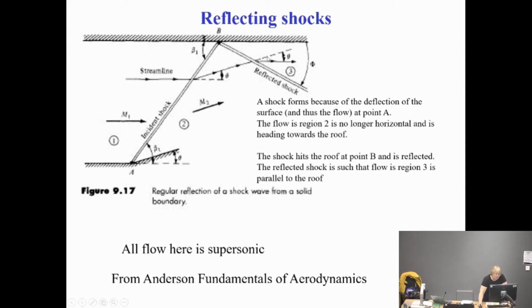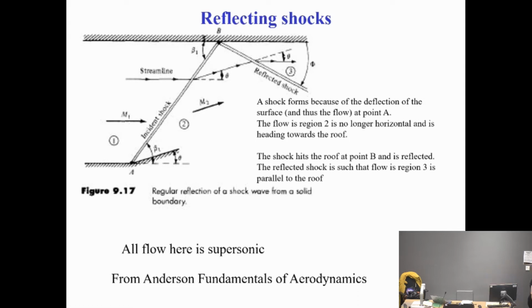So that angle from the dashed line down to the reflected shock wave is basically beta 2, if you like, the angle from there. So what that means is that, if I'm right, beta 2 would equal theta plus this part from the horizontal down, which is the same angle as phi.